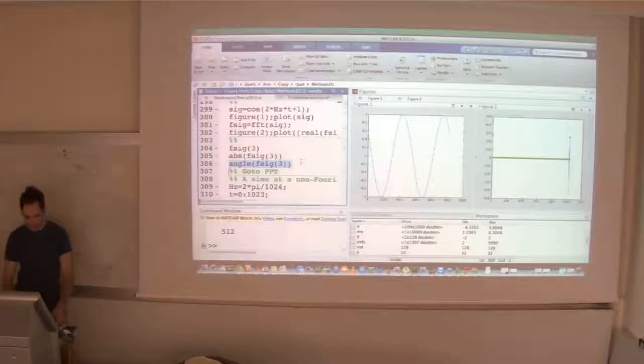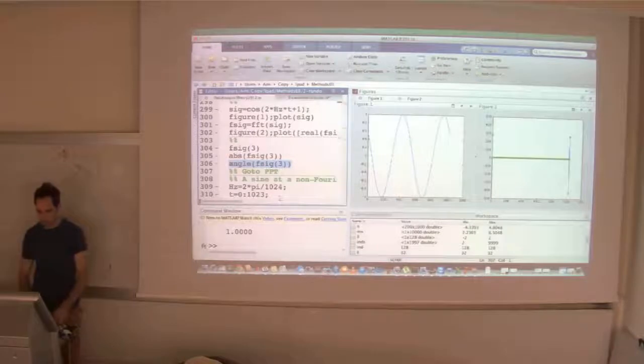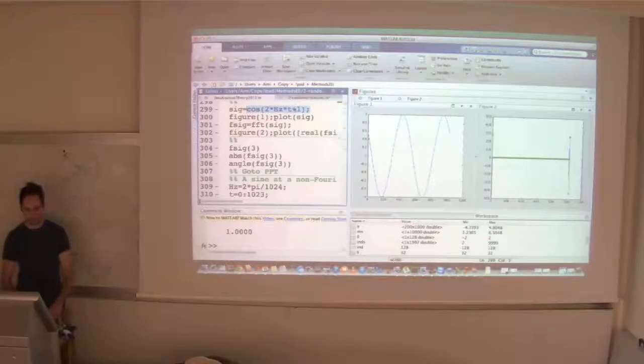And we can ask what is the angle. The angle is the function that MATLAB uses to get us the phase of this complex number. And the angle is exactly 1, exactly as we built this signal, because it was cosine 2 hertz t plus 1, and 1 was the angle here. It's the radian angle.